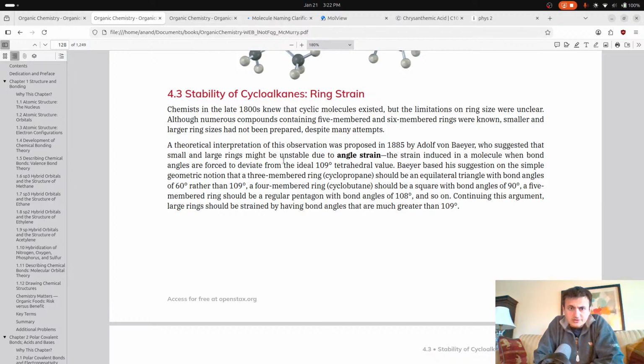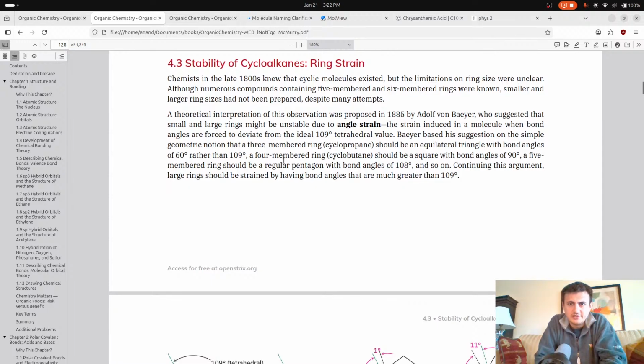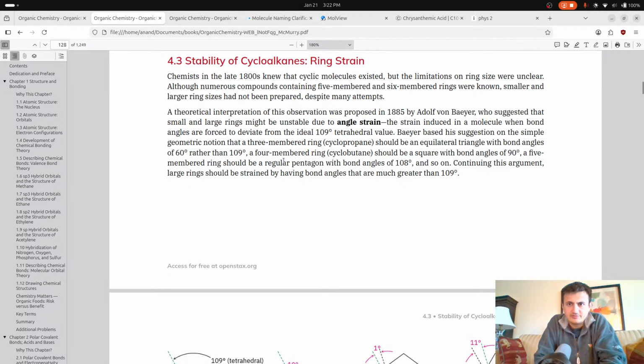Smaller and larger ring sizes had not been prepared despite many attempts. A theoretical interpretation of this observation was proposed in 1885 by Adolf von Baeyer, who suggested that small and large rings might be unstable due to angle strain, the strain induced in a molecule when bond angles are forced to deviate from the ideal 109-degree tetrahedral value.